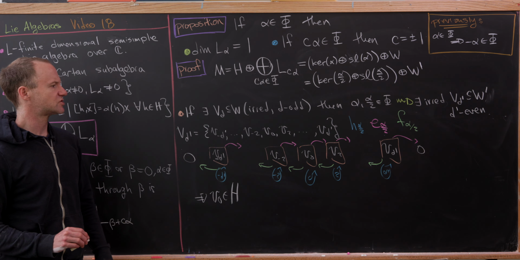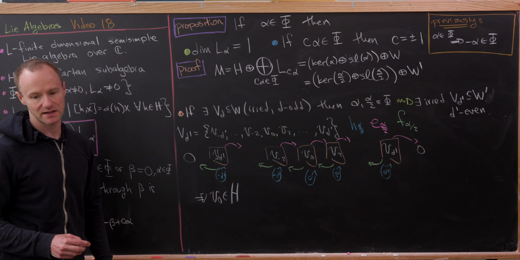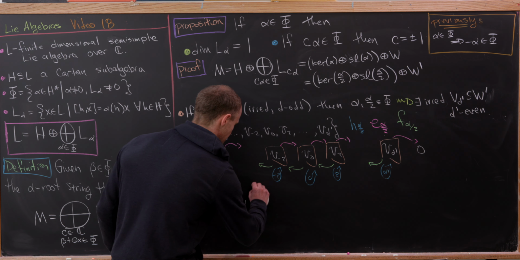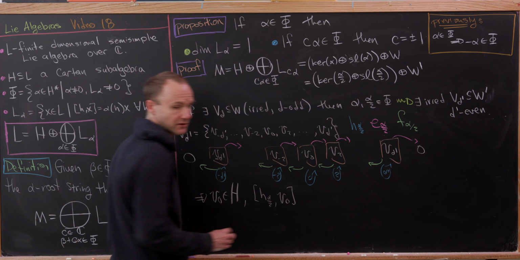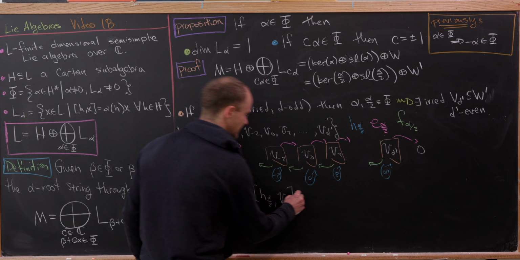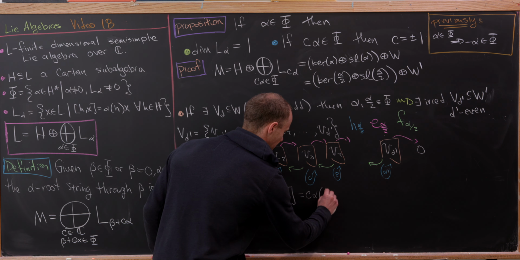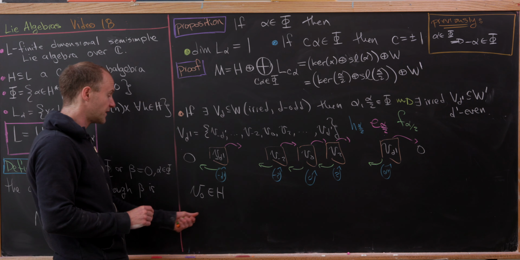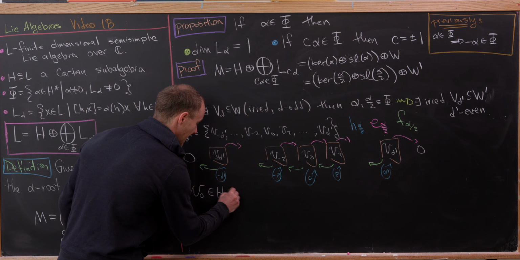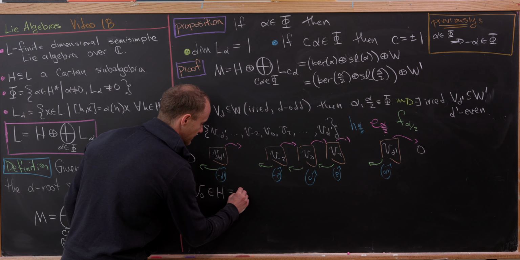Okay, so what does that tell us? Well, that means that we can do the following calculation. We can do H alpha over 2 with V0, and we'll see that we get C alpha applied to H alpha over 2 applied to V0. But then also we can take this H and decompose it the way that we did before.